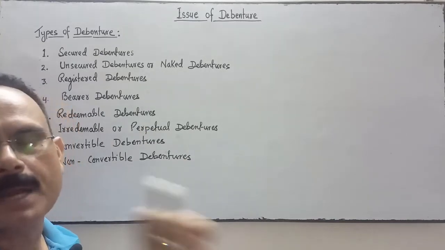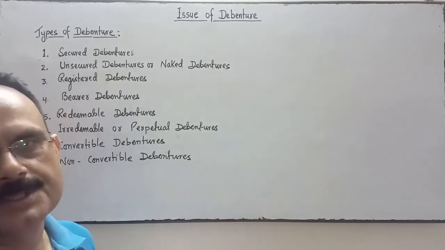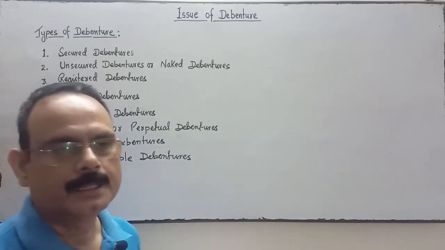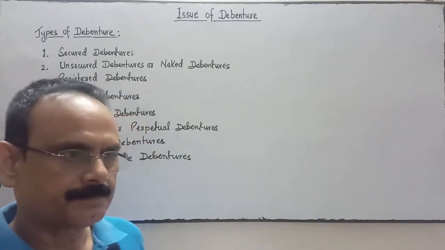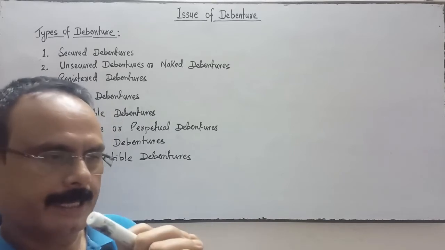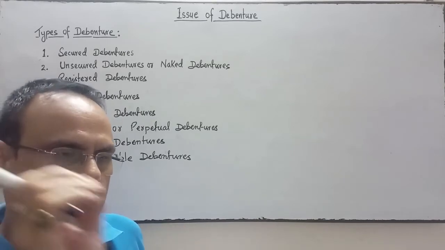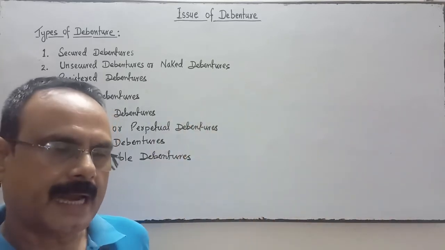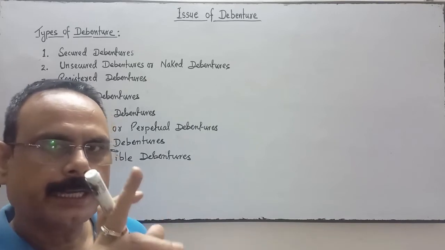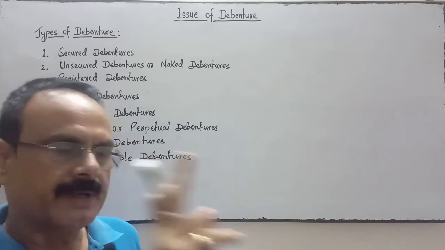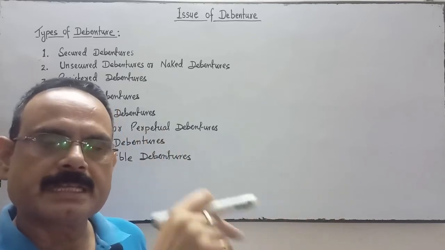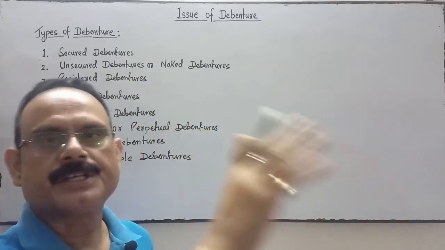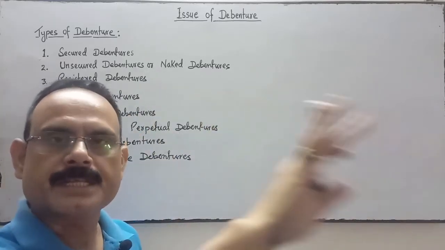Suppose land and building, or plant and machinery, is given; then it is a fixed charge. And in general, if all the assets of the company are given, it is called a floating charge. Sometimes the company issues a debenture on particular assets, suppose land and building, and when the company issues a second debenture, land and building is again given as security.